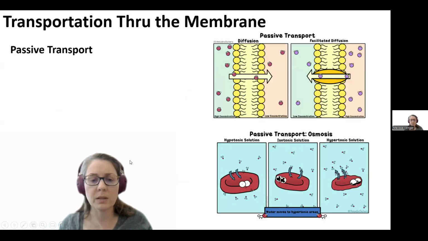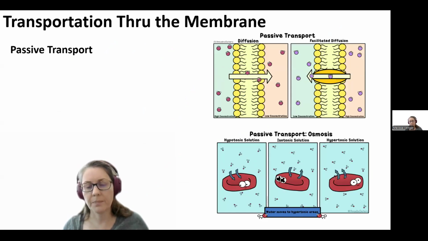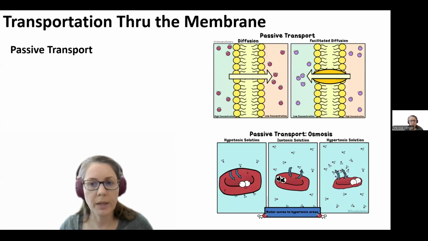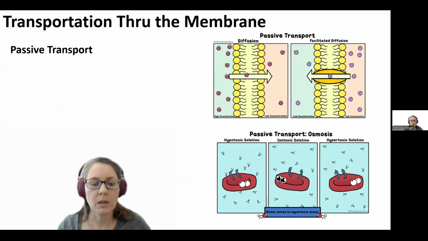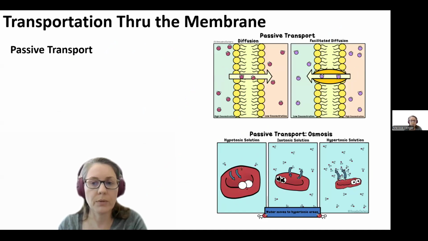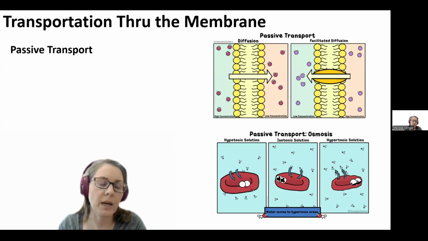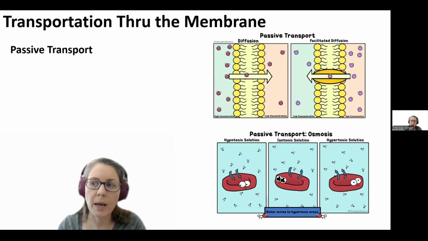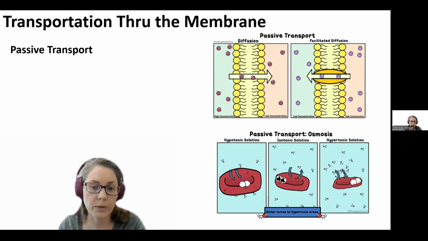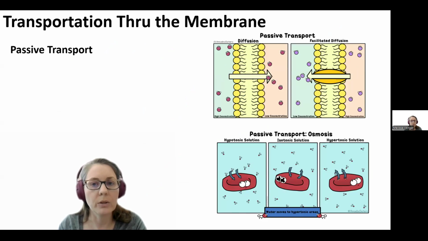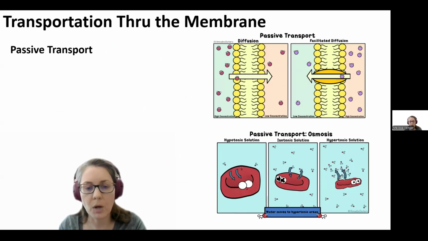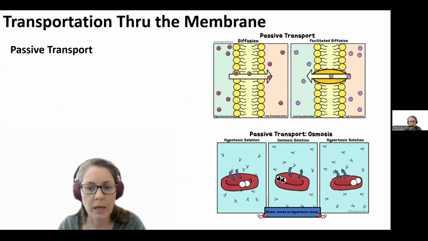But regardless, if you have channels or not, there is a natural inherent property of the membrane. It's actually more of a natural chemical process that allows for the movement of atoms and molecules in a natural way.